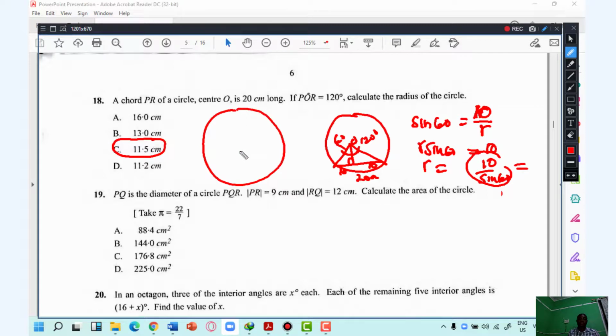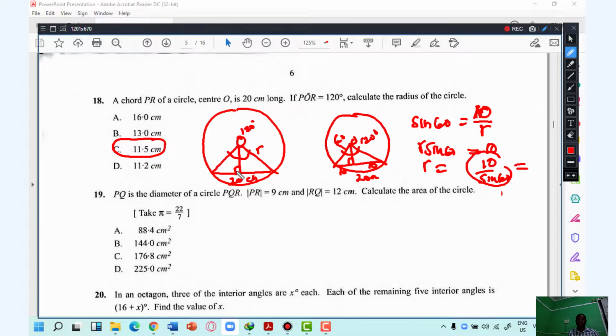We have a circle, center O, and this will be the chord. It's 20 centimeters. So the radius will be R. You have to join a line here. The angle subtended here is 120.